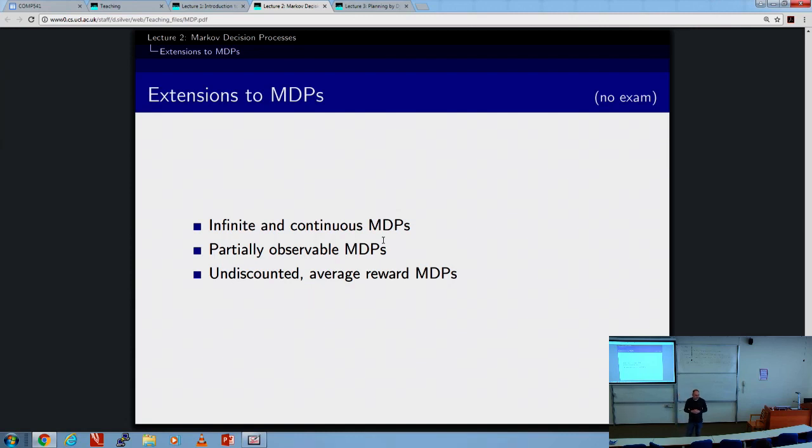When the environment is observable, there exists an optimal policy that is deterministic. There always exists an optimal policy if you have an MDP, and it is deterministic. If the environment is partially observable, then things get more complicated, but there still exists a deterministic optimal policy. But we're not going to look into that.